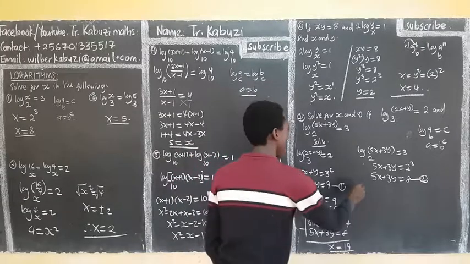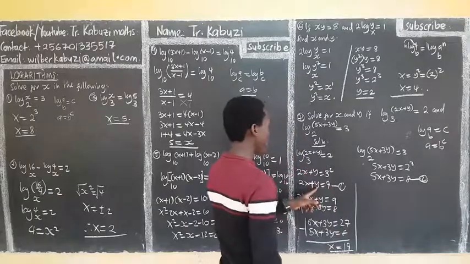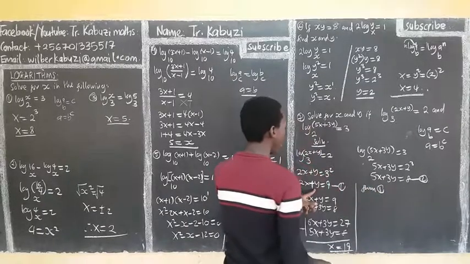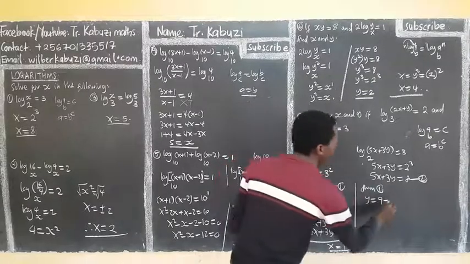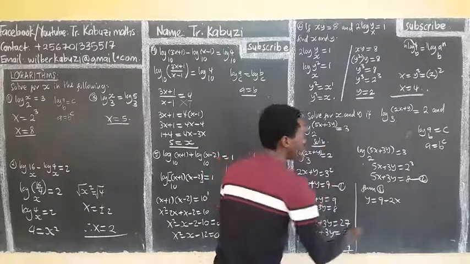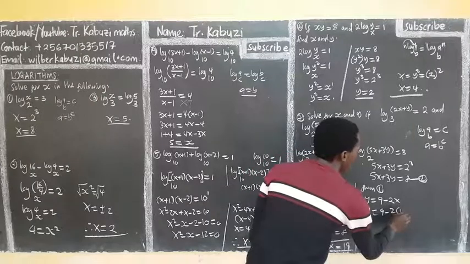So if my x is 19, I come and get my y from equation 1. So that my y will be 9 minus, if I take this side, 2x. So my y will be 9 minus 2 into 19.